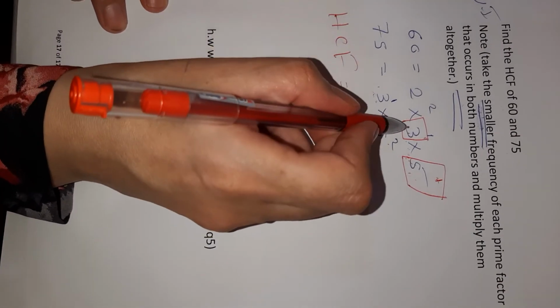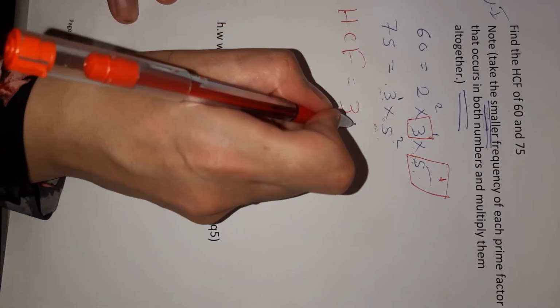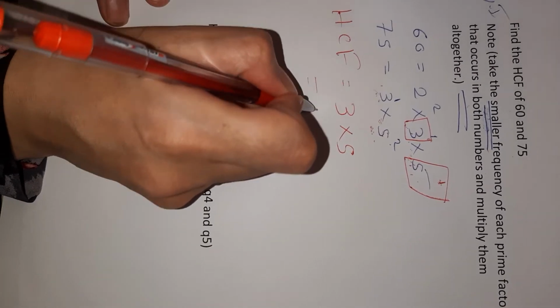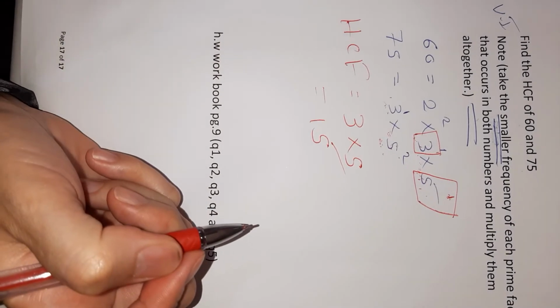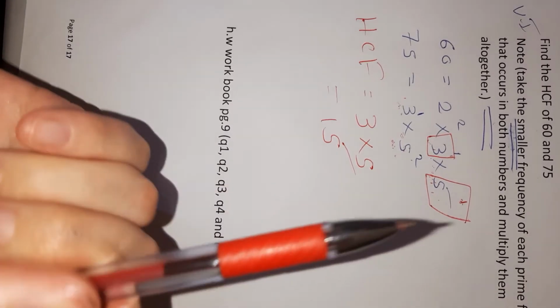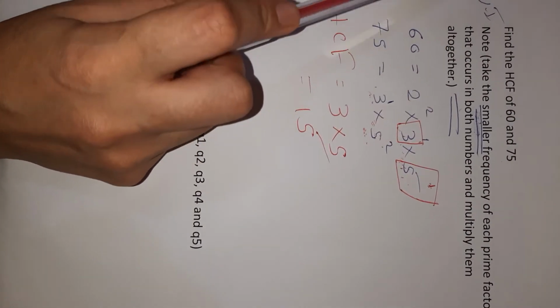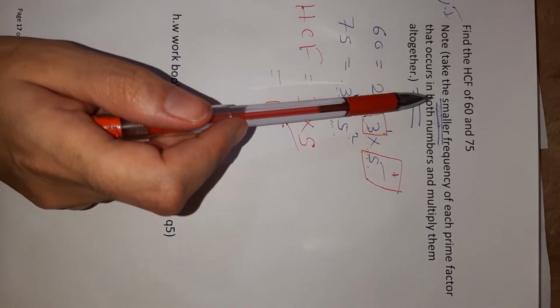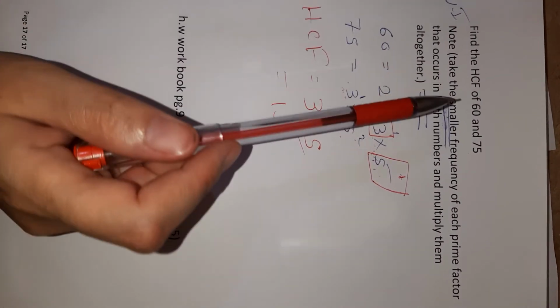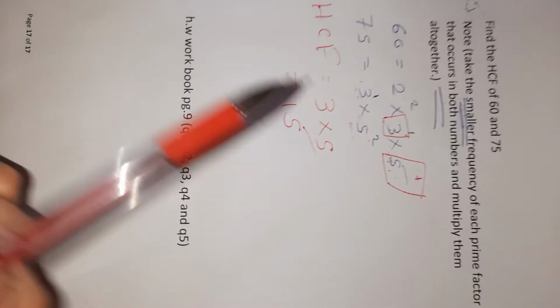Now the HCF is 3 times 5, which is 15. Remember, to find the HCF, use the smaller and in both, but in LCM, take the larger frequency of each prime factor and multiply them together.